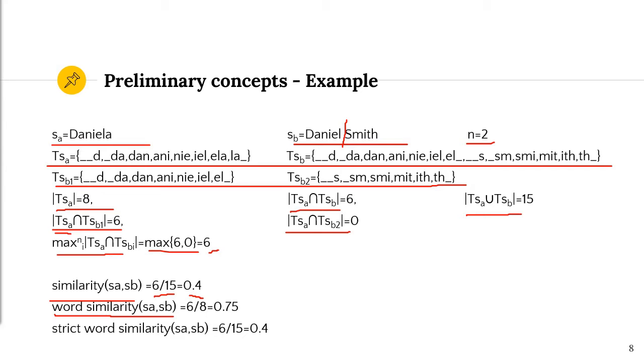And finally, we calculate the word similarity, which is the ratio between these two values, 0.75. For the strict word similarity, we take the max calculated value and the union of the sets A and B, and apply the ratio between them. So we have the value of 0.4 also.